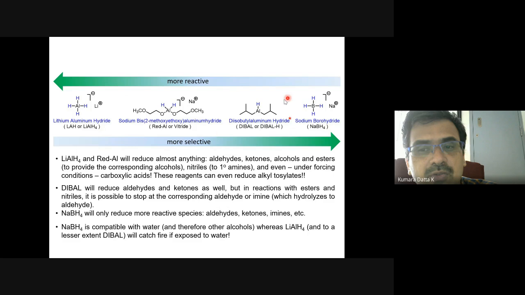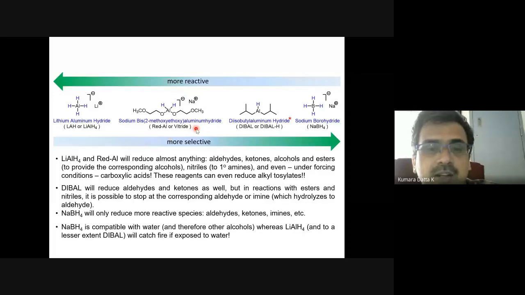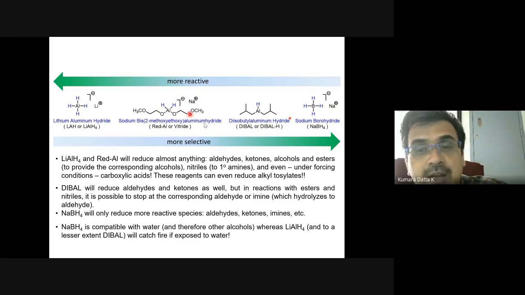Again, you don't need these for your syllabus, so do not worry, but at least look at how methoxy and alkoxy complexes are present, which are more reactive than sodium borohydride, or diisobutyl aluminum hydride.